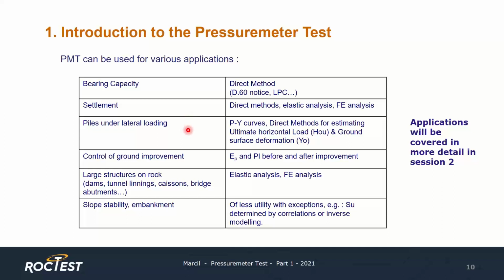The pressure meter tests can be very useful also for the design of laterally loaded foundations. It can be used for controlling ground improvement work, and it will be used for estimating the stiffness or the modulus of deformation of rock mass. So it can be very useful for the design of large structures on rock. And finally, it can be used for slope stability analysis, but this application is not as frequent.